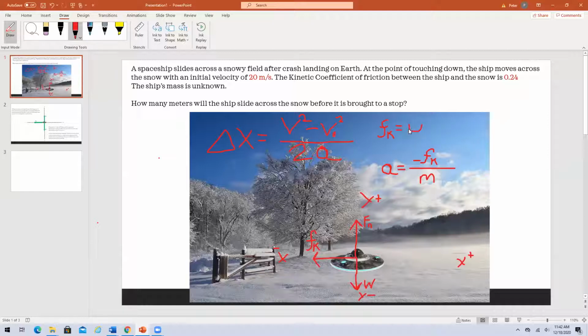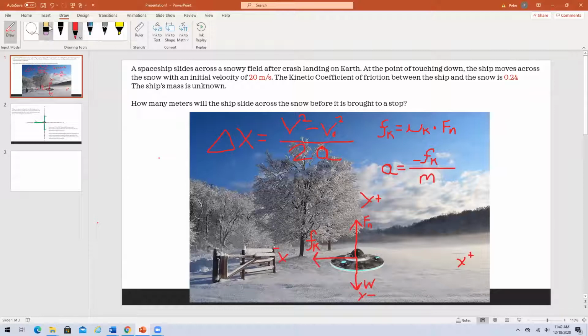I'm going to draw a weird U thing here. This is a Greek mu. It looks like a 4-year-old drew it because I'm using my PowerPoint as a whiteboard. But this is equal to mu k, or the coefficient of kinetic friction, multiplied by the normal force. Okay?